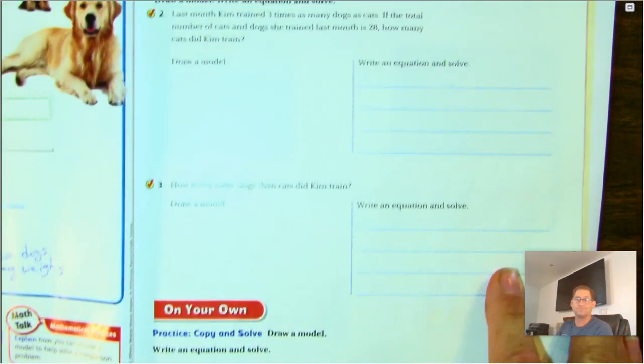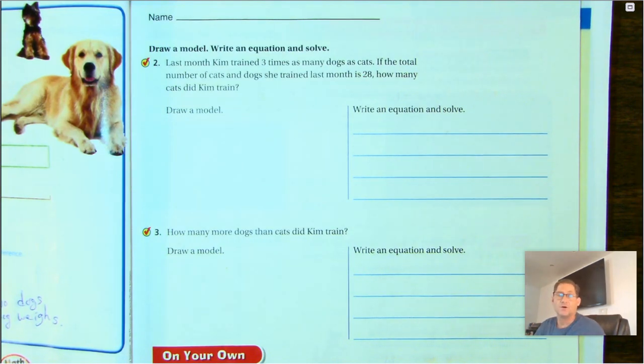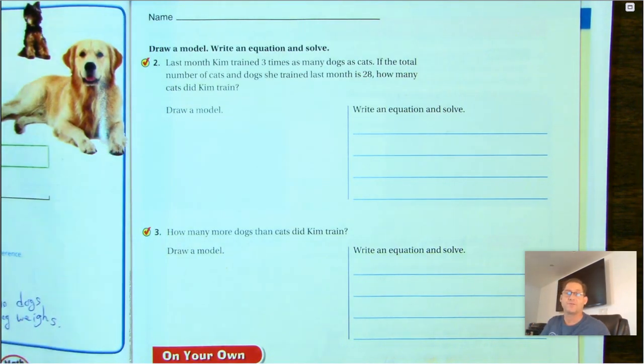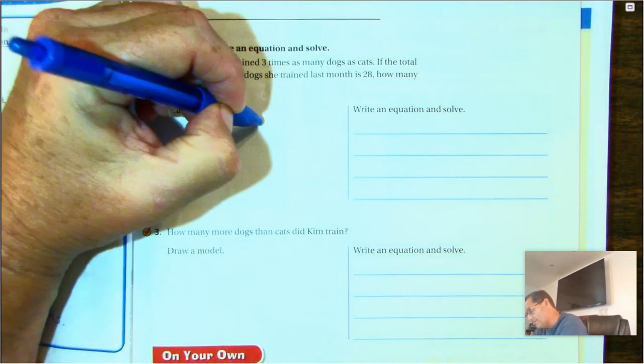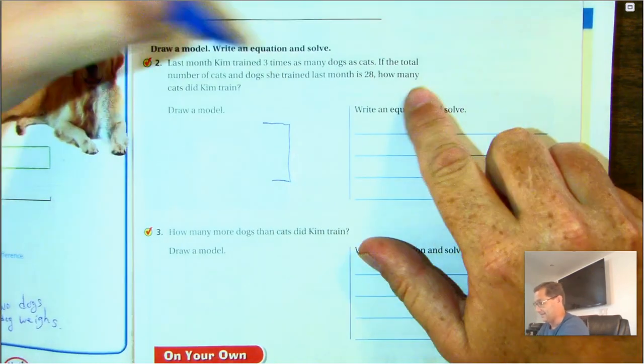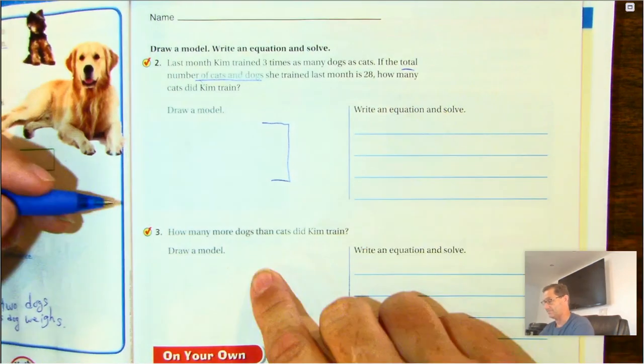Number 2, we're going to draw a model, we're going to write an equation and solve. So last month, Kim trained 3 times as many dogs as cats. If the total number of cats and dogs she trained last month is 28, how many cats did Kim train? So we know that we have to combine it because it says the total number of cats and dogs.